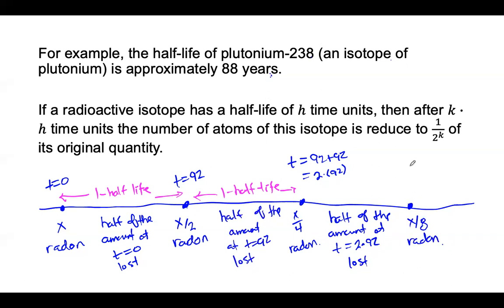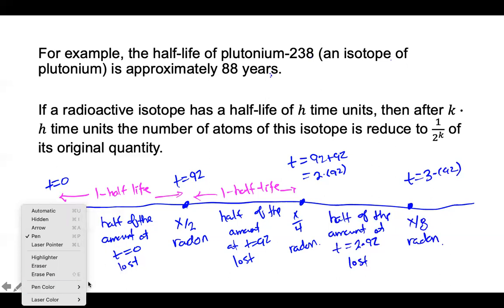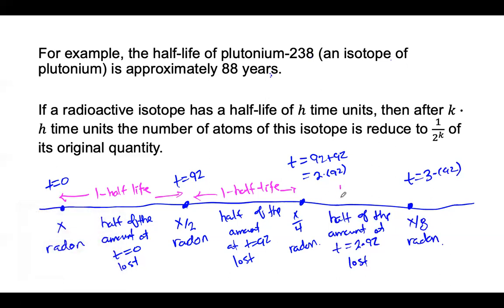At this particular time, the time would be 3 times 92. This is just another half-life. And remember the half-life here of radon is 92 hours.